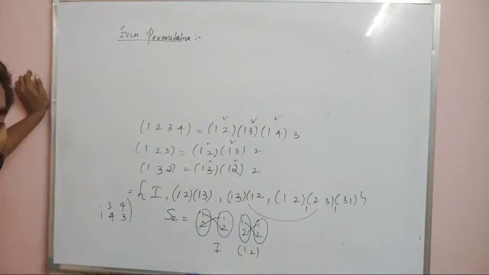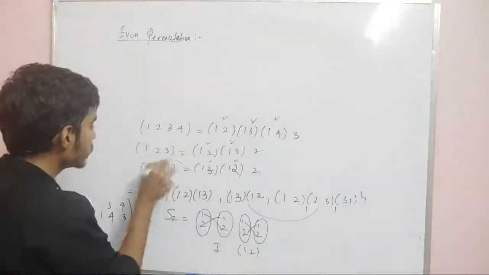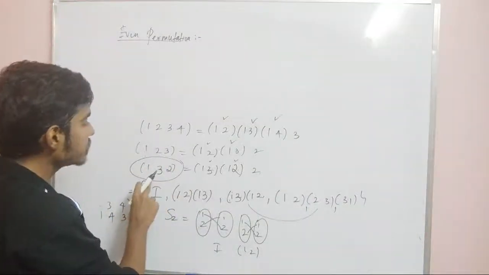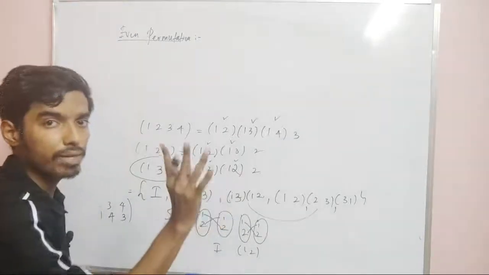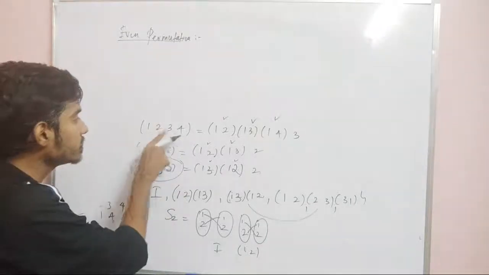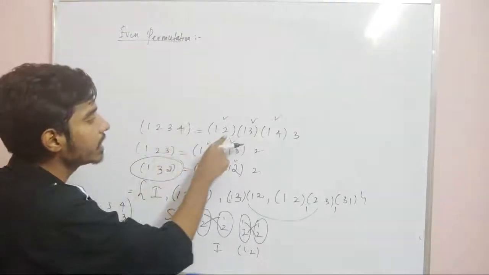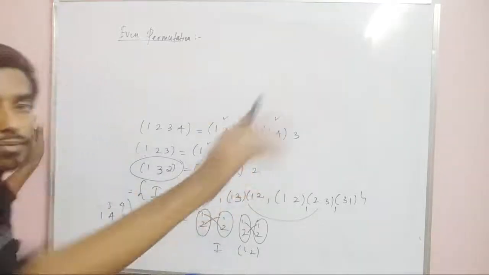This is an even permutation because when I write it as a product of transpositions, I have 2, an even number. But this is not an even permutation, because when I write it as a product of transpositions, I have 3, which is odd.